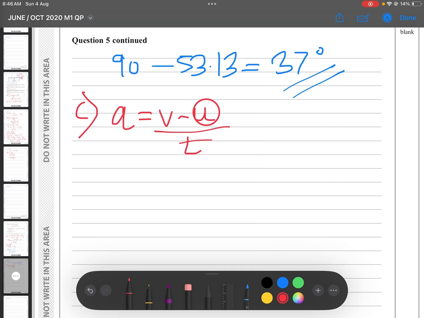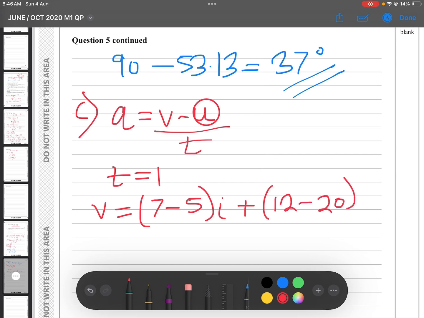But now what we can do is find another velocity by substituting t equals 1, and then we get an initial velocity, a velocity which is before t equals 2. First, let's find when t equals 1, what was the condition. We had the velocity equation given to us, which was 7 minus 5 times 1 is 5i plus 12 times 1 is 12 minus 20j.